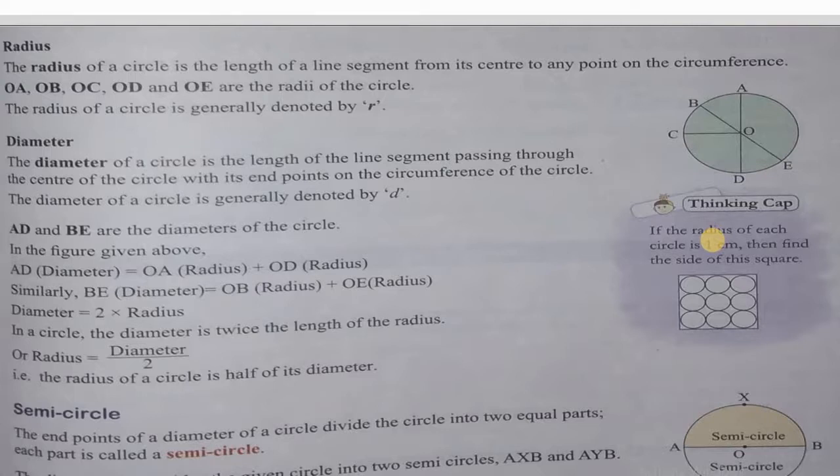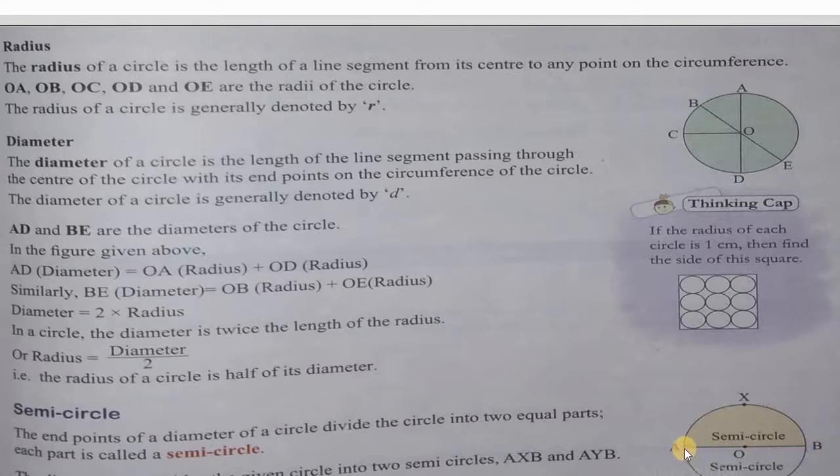So let's continue. Next we have the semicircle. The endpoints of a diameter of a circle divide the circle into 2 equal halves. Each part is called a semicircle. Here in this picture you can see a circle with a center O and a diameter AOB.